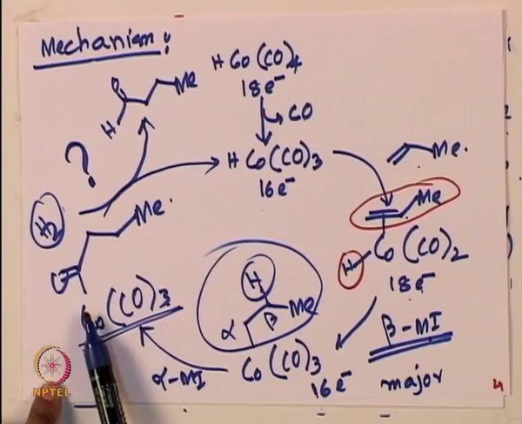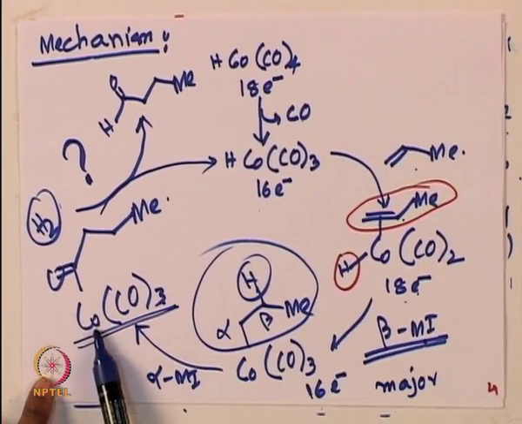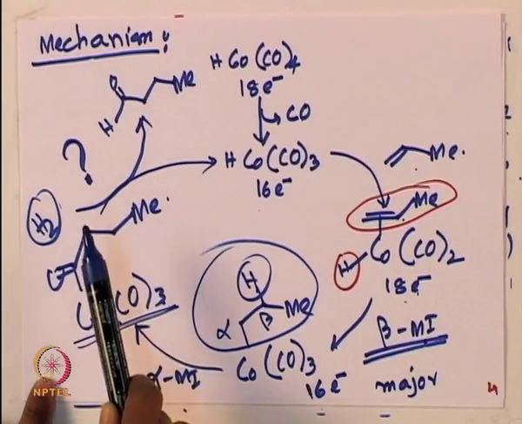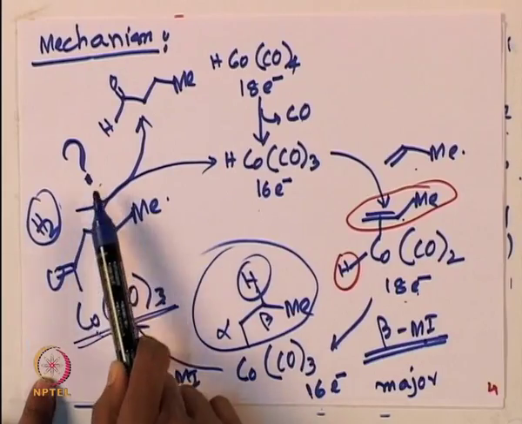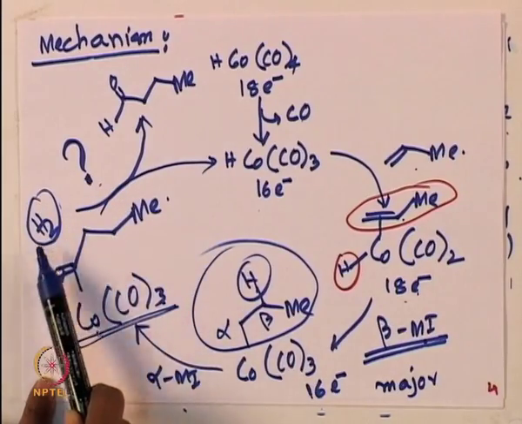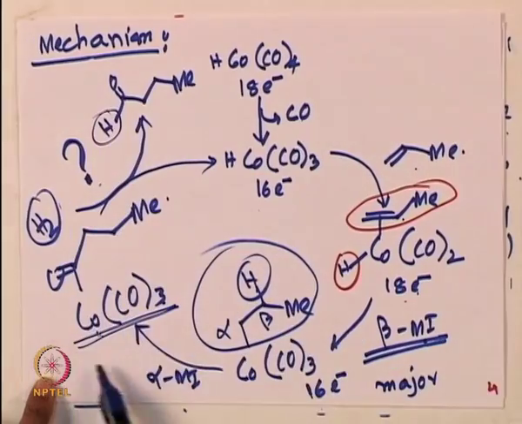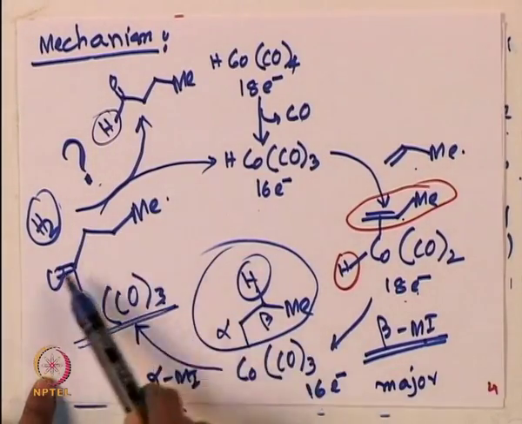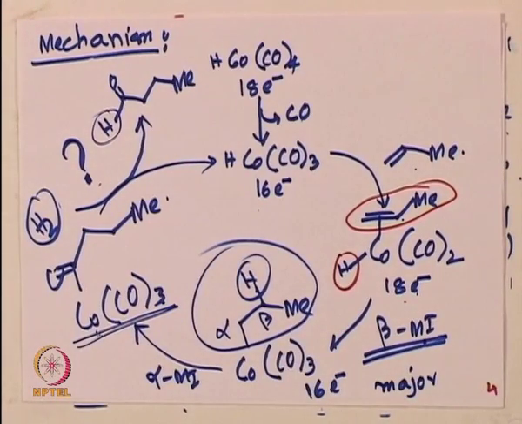As you know, for oxidative addition you need a very electron rich metal center. In this case, it is very electron poor. Therefore, we have given this question mark. What is happening in there? What will be the mechanism of incorporation of this hydride equivalent into this molecule to give you the long chain aldehyde?